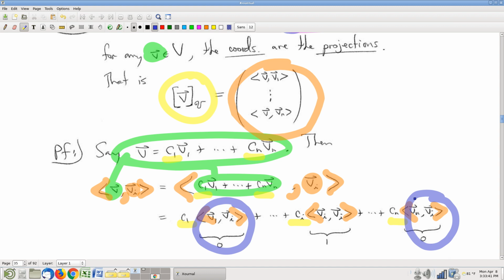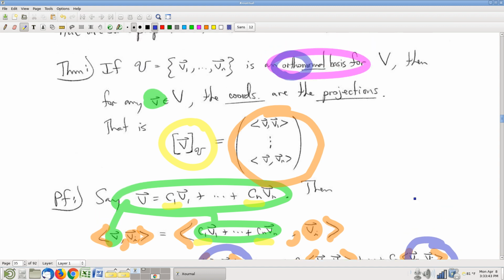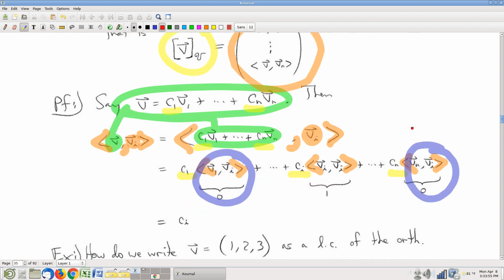But now there's more than that. Not only do I know that an orthonormal basis consists of pairwise orthogonal vectors, I furthermore know that this is a normalized basis. All of the vectors have magnitude equal to 1, so the self-inner product of vi with itself is 1. Well, it's 1 squared, right? But that's 1.